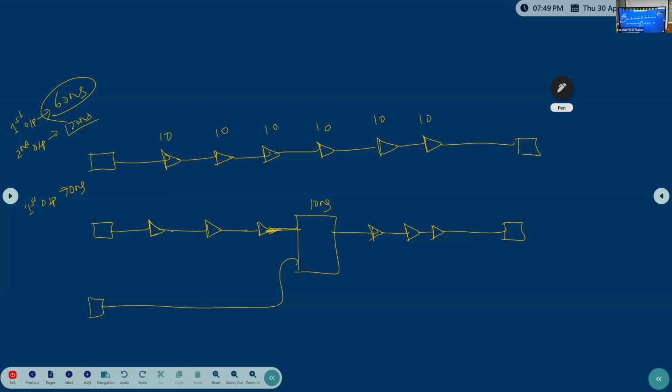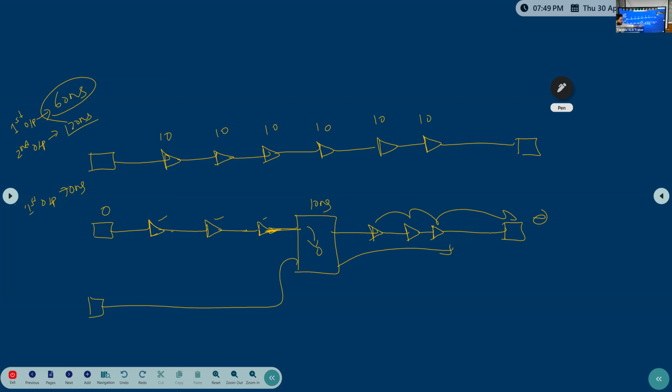How 100? See, now I am using one memory element in the middle. Getting it? First, I gave the data 0. It will pass through this buffer, 30 ns, then it will reach and store 0 here. After that, on the next clock pulse, this will send the data to this. It will pass through this, and then go to the output. 70 ns it will take.